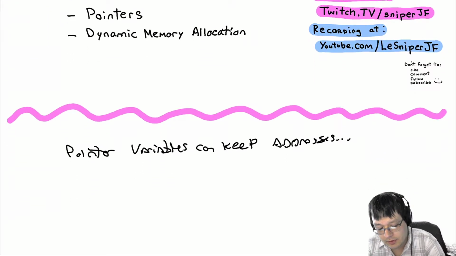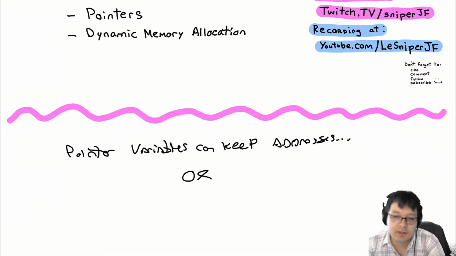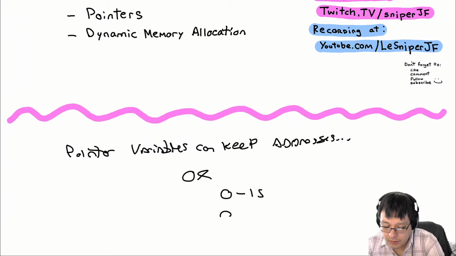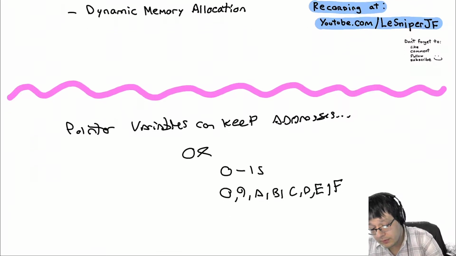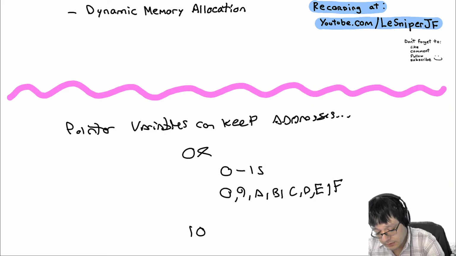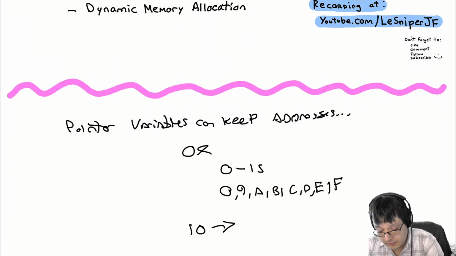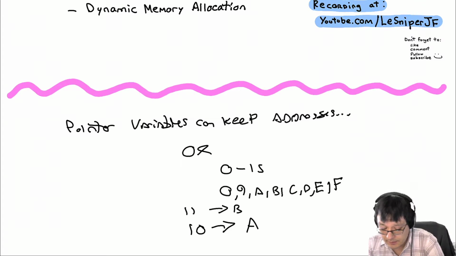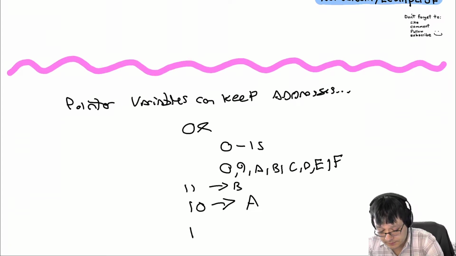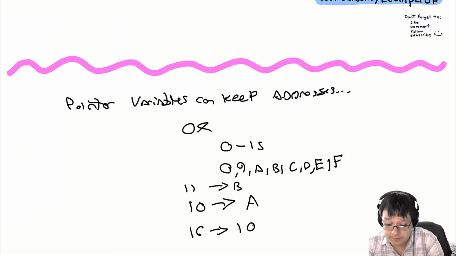Hexadecimal code starts with 0x, and the difference between hexadecimal and decimal is that hexadecimal goes from 0 to 15, but we use 0 to 9, and then we use letters A, B, C, D, E, and F. So, for example, 10 in decimal would become A in hexadecimal. 11 would become B, and 16 would become actually just 1 0.